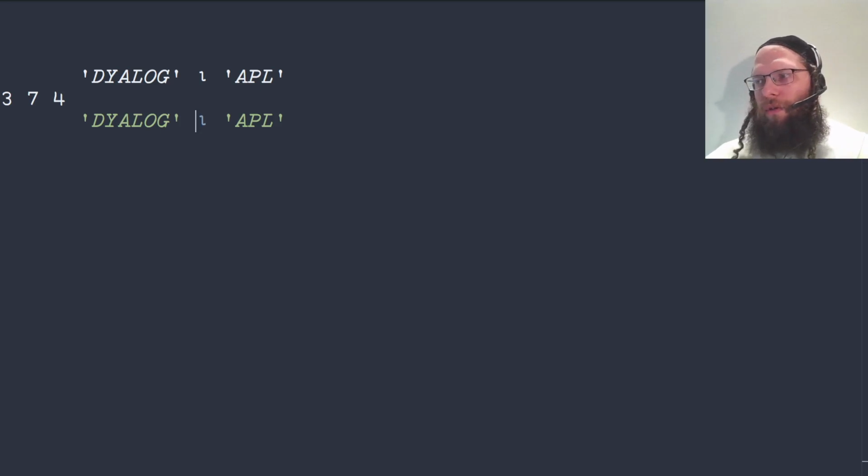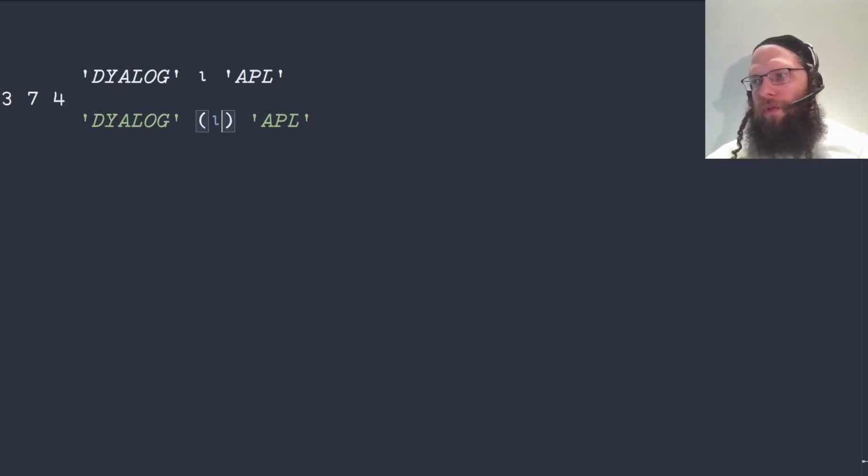Okay, so there are a couple of different ways that we could approach this, and one of the ways is to simply check whether or not the index that we get is larger than the length of the left argument.